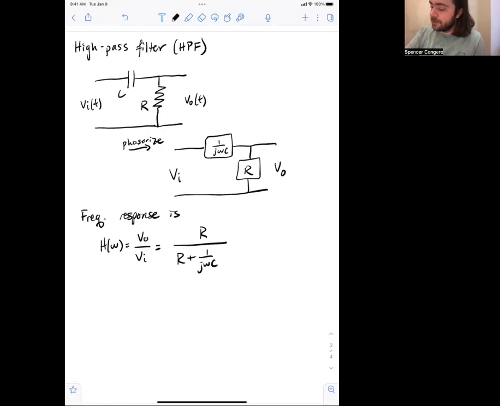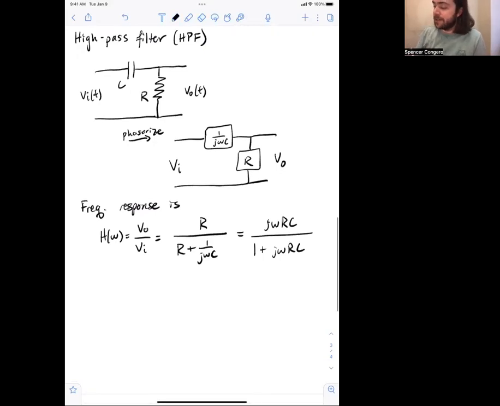And again, I like to multiply this top and bottom by j omega C. I get j omega RC divided by 1 plus j omega RC. This times j omega C is 1, and then R times j omega C, j omega RC. Okay, so that's the frequency response. You can get that relatively quickly for such a simple circuit.